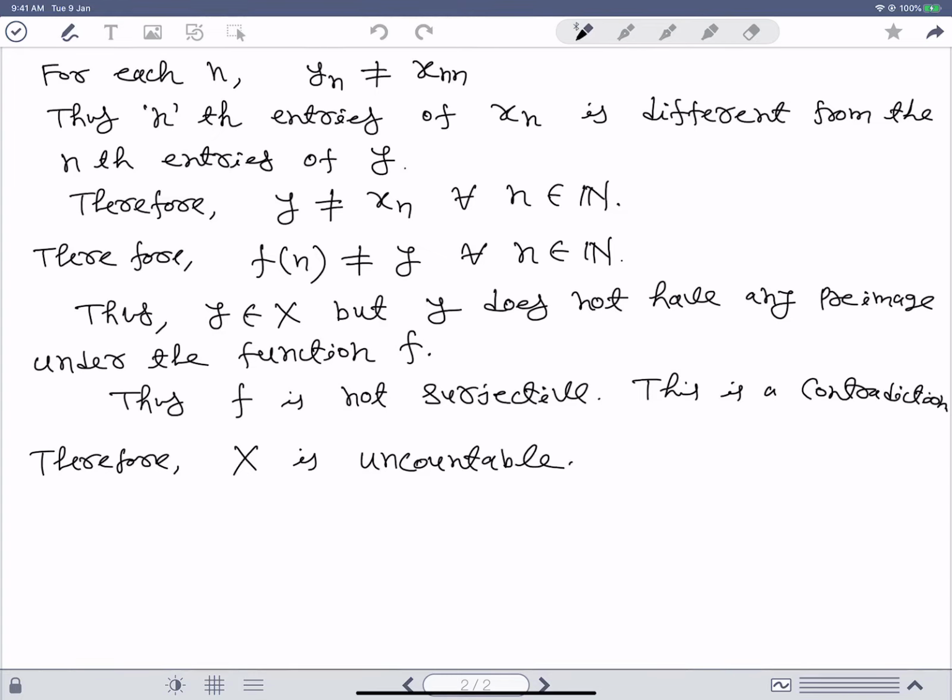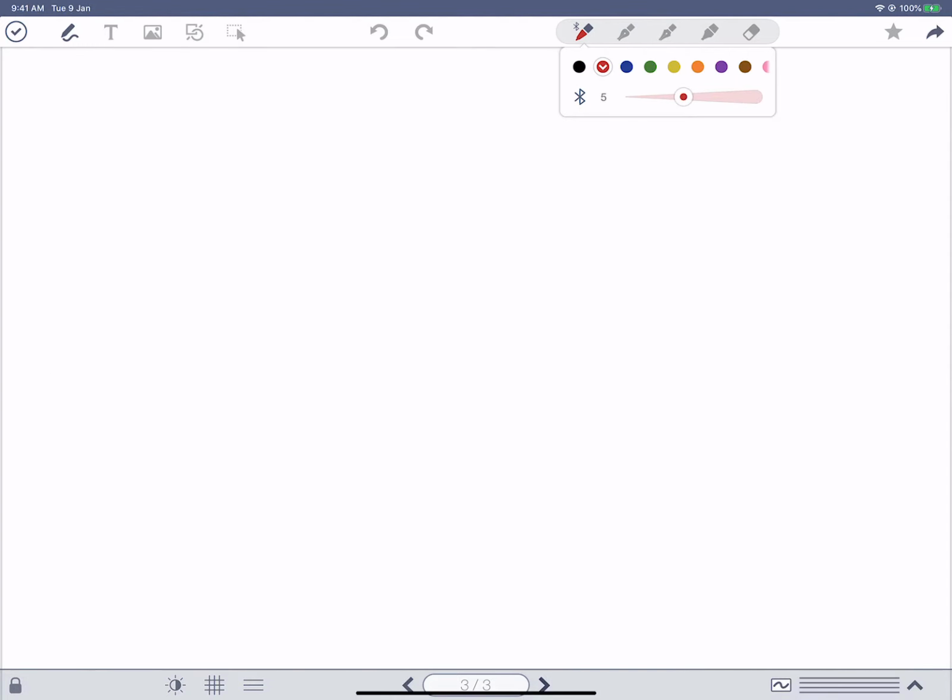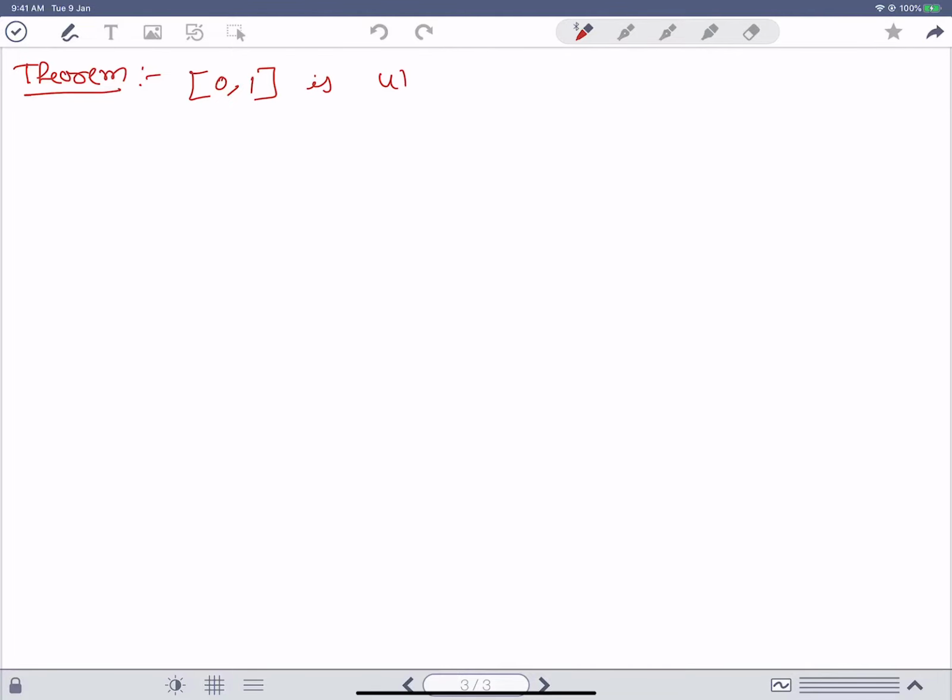Fine. Now similarly we can prove that the set of all real numbers R is also uncountable. The proof is almost similar to that. So first we prove that the closed interval 0 1 is uncountable. Okay, so here is the proof.